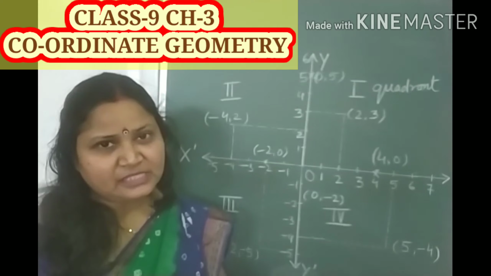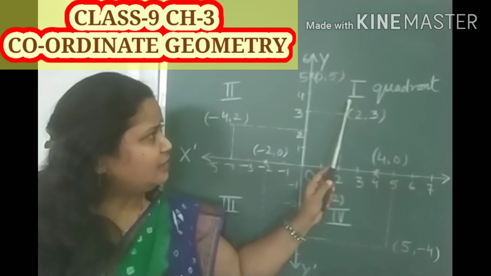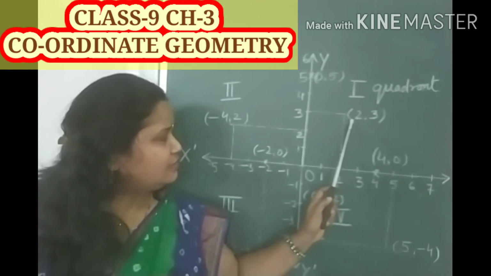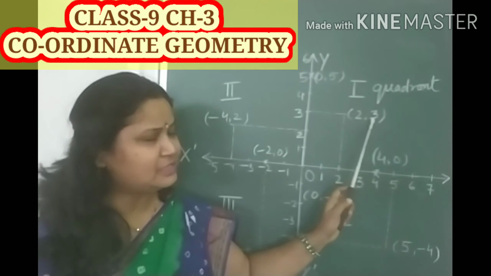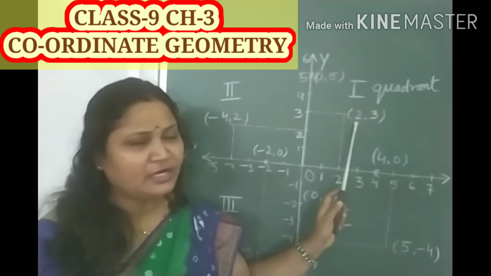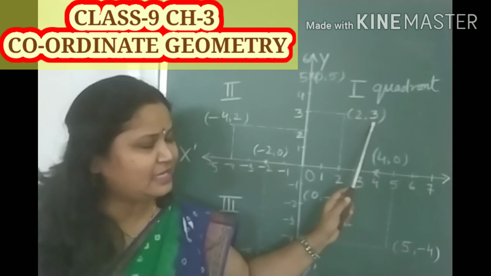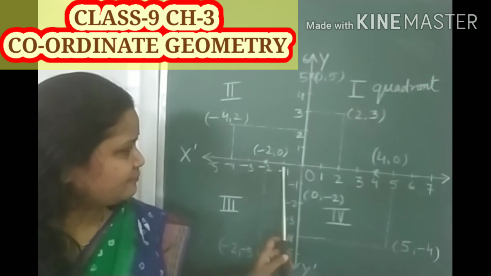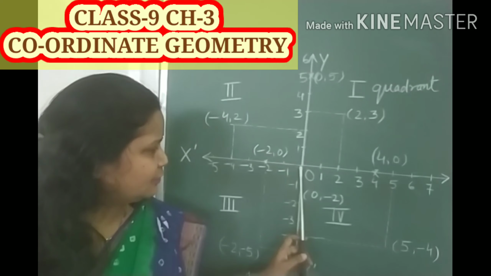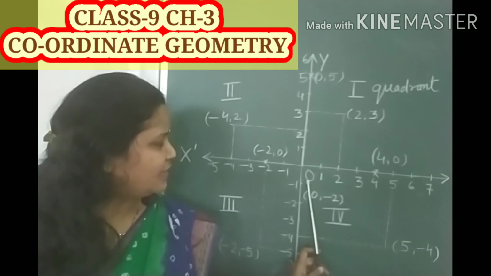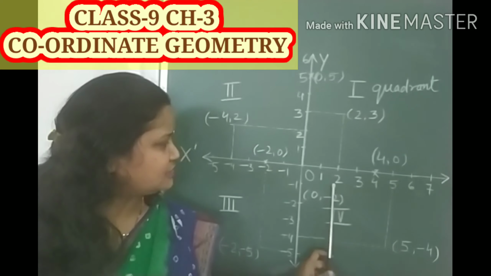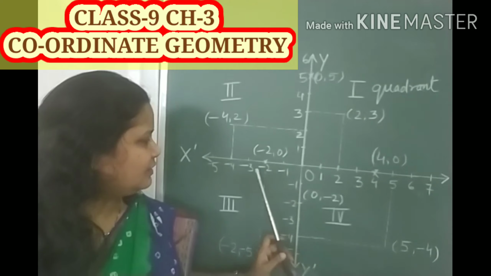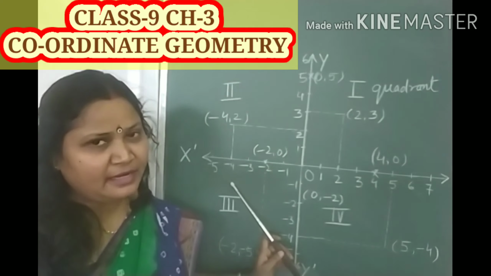And children, just remember that in the first quadrant every point is in the form of plus plus. That means its x coordinate will be positive as well as its y coordinate. When you move to the right side on the number line, all the numbers are positive, and when you move to the left, all the numbers are negative.